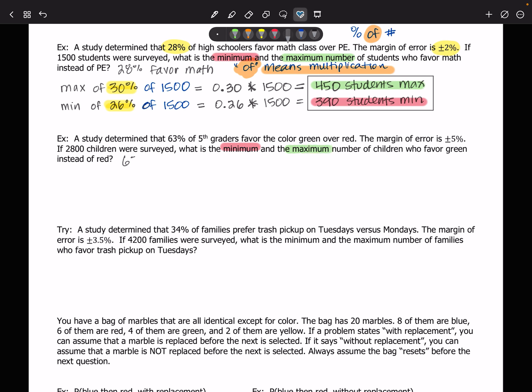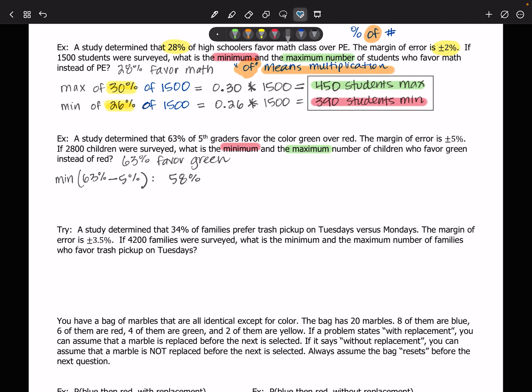We know that 63% favor green instead of red. So a minimum would be 63% minus the 5%. 63 minus 5 gives us 58%.